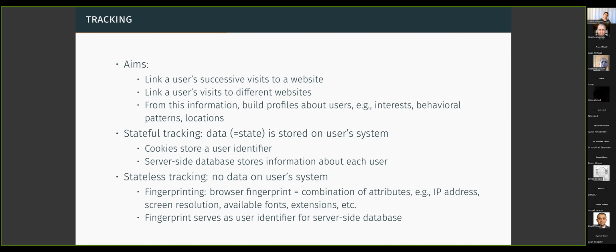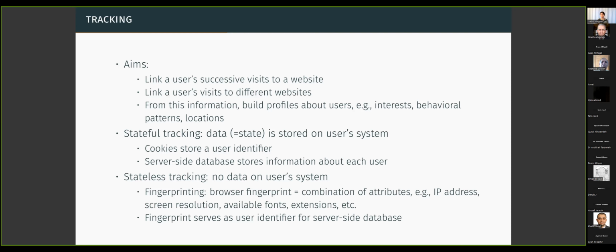The other big method is stateless tracking, where there is no data on the user system. And the most common method here is called fingerprinting, where essentially the server tries to take a fingerprint of the user's browser. And this fingerprint is a combination of different attributes that the browser has that are visible from the server side.